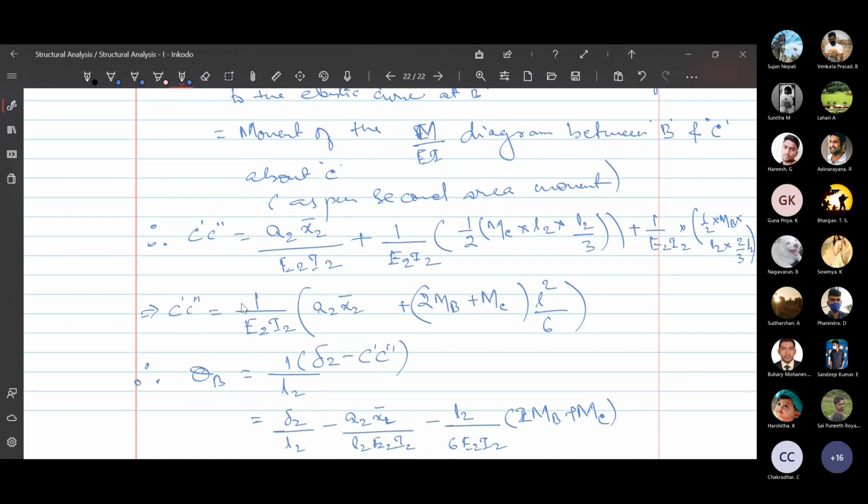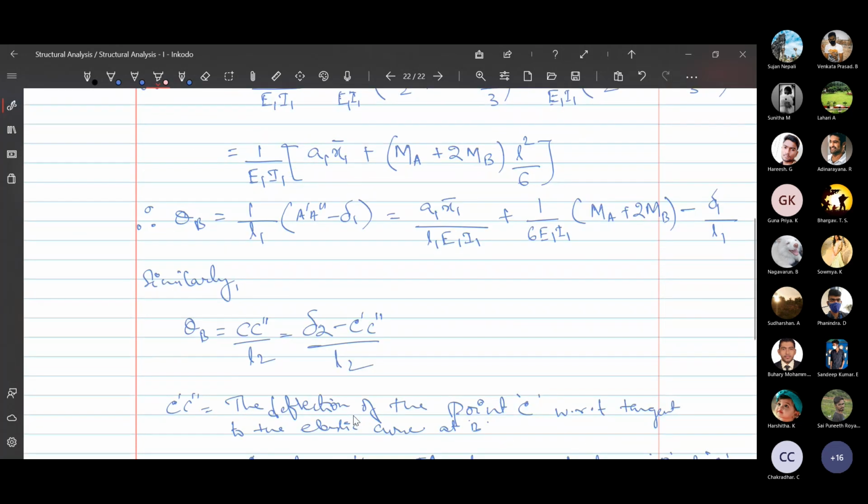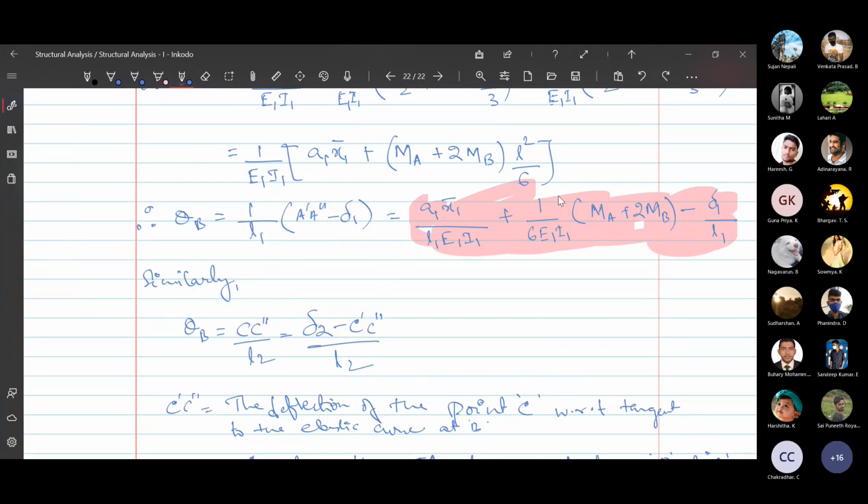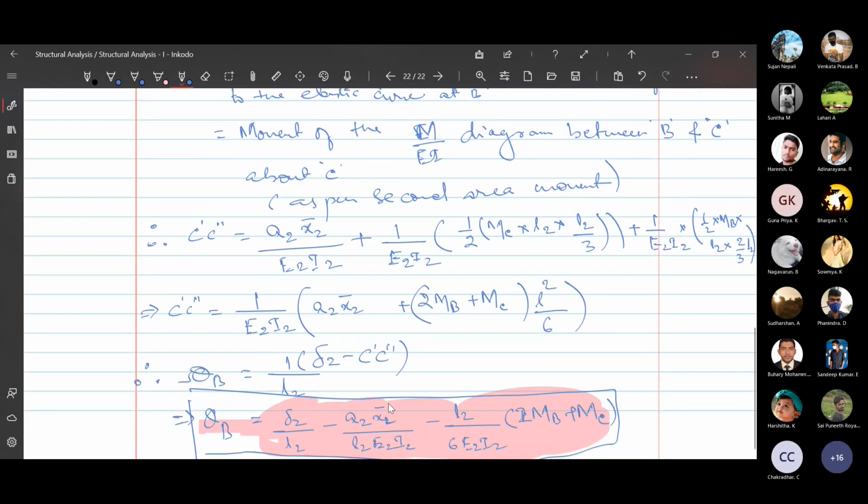Okay, so now I can equate. Theta B is the same in both, so I can equate this part and this one.